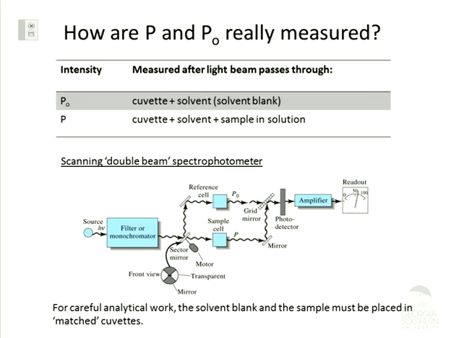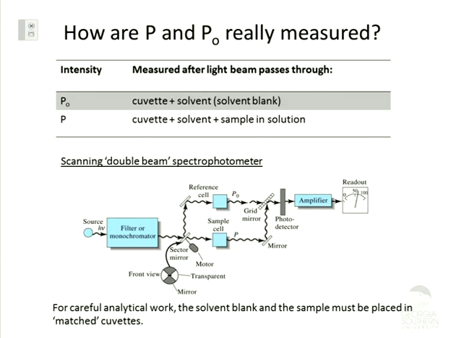Because we measure P naught as the intensity of the radiation after it's gone through a cuvette that contains everything except the sample.